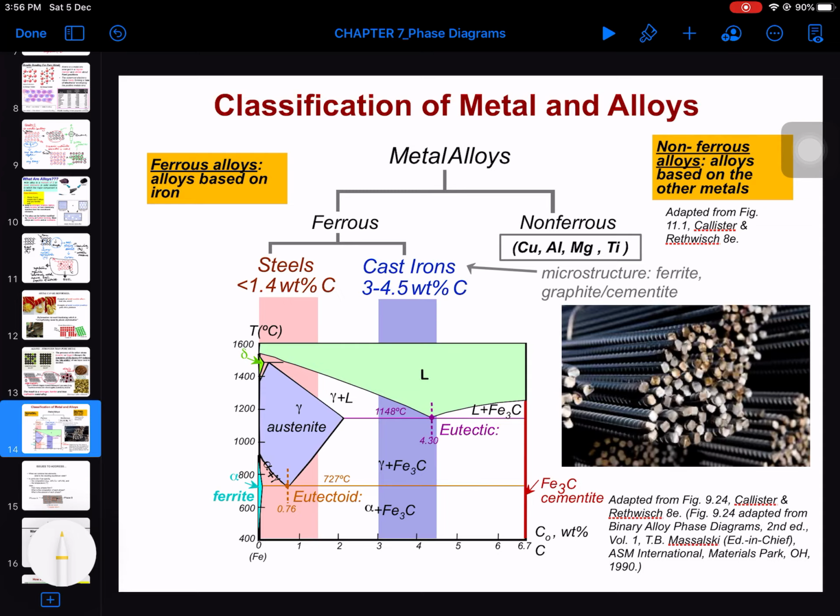The most common one is by the iron content. If we are looking at the classification of metals and metal alloys based on iron content, we can put it into two groups. The first one is ferrous metal and its alloy, and the second one is the non-ferrous metal and its alloy.